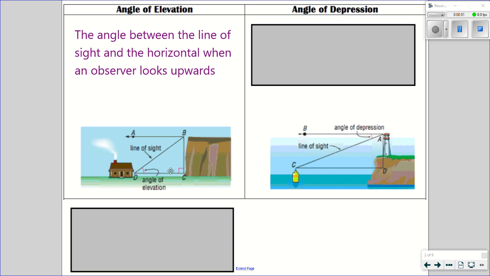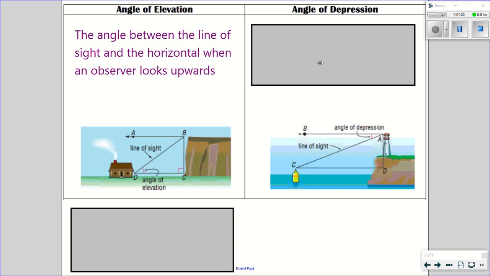As you can see in this diagram, the line of sight, BD, is whoever's standing there looking up to the top of the cliff, and then we have the distance from that person to the bottom of the cliff, so DC. So DC and DB create that angle in between, which is the angle of elevation. Your eyesight to the top of the cliff and the distance from where you're standing to the object will create the angle of elevation.